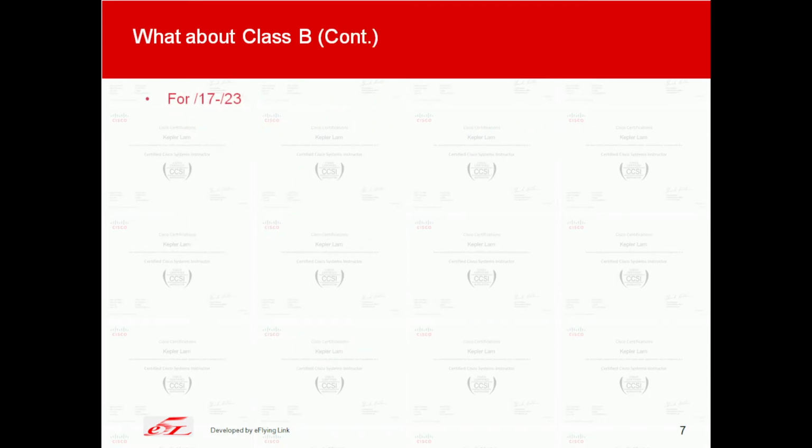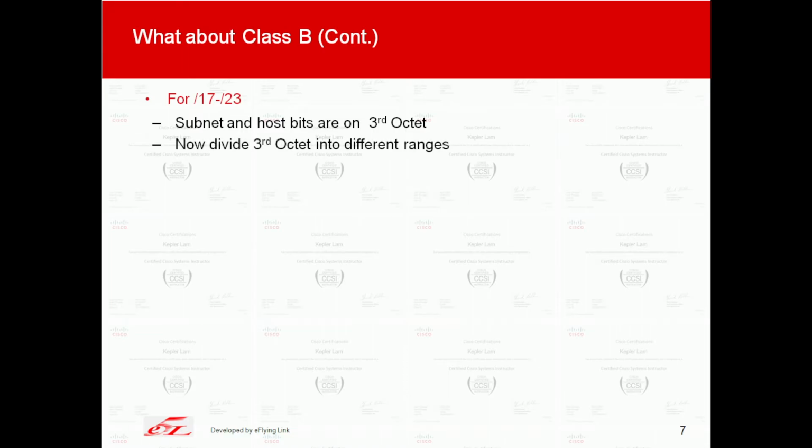Now let's move to the case of /17 to /23. In this case, you have both subnet bits and host bits on the third octet. That means right now you are dividing the 256 numbers of the third octet into different ranges.